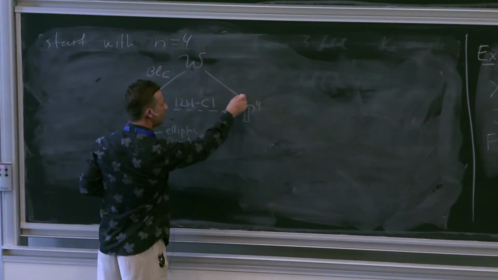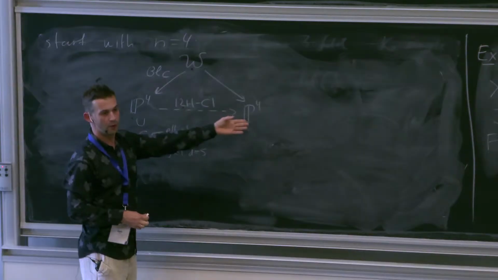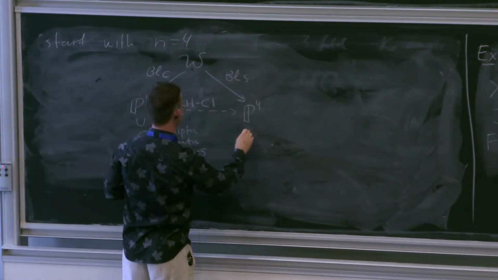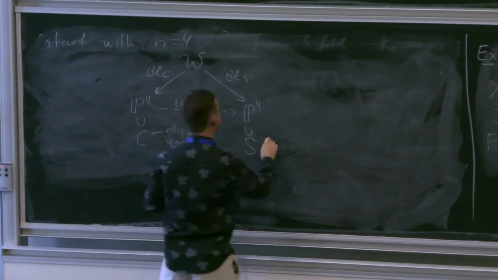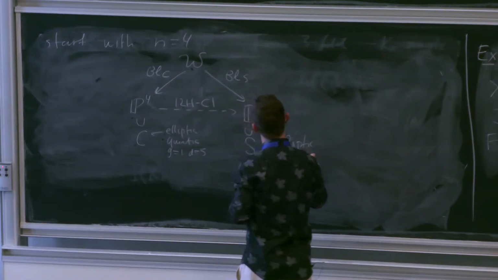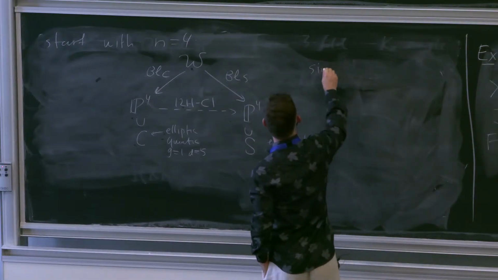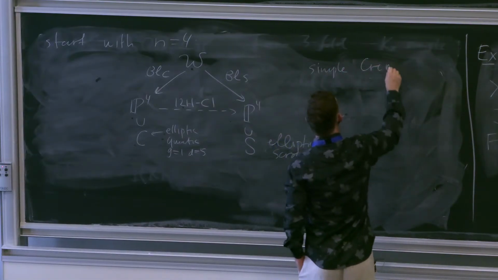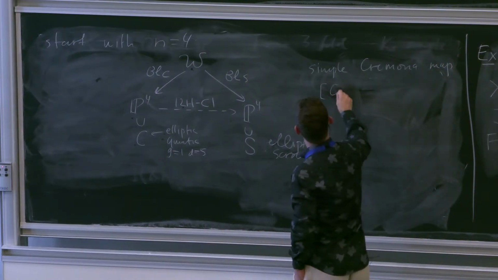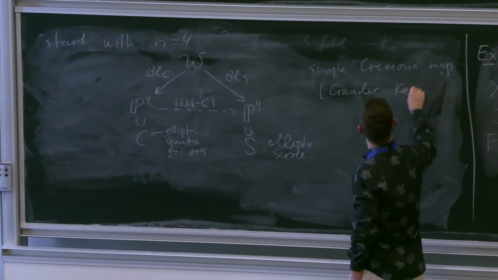So I have another arrow here, and another non-trivial fact now is that this is also a blow-up. So it's a blow-up of something else. It's a blow-up of a certain surface, which is an elliptic scroll on the other side. So that's an example of something called a simple Cremona map, considered by Crauder and Katz, who classified them in some situations.